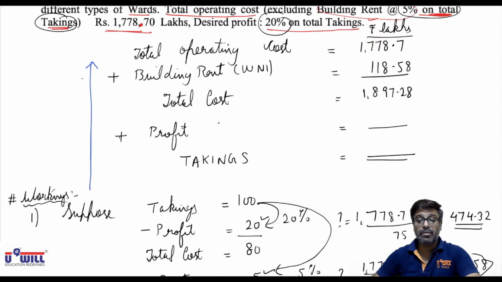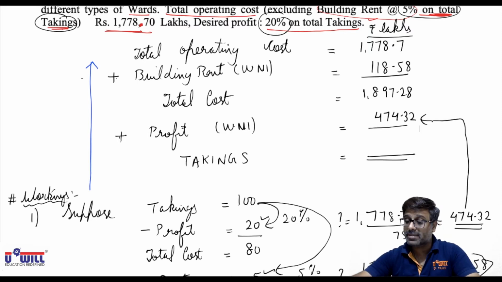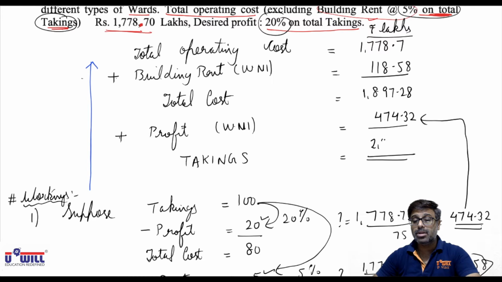Then profit from working note 1, again we get 474.32. Okay, this one. Further, if you add 474.32, then 2371.6. 2371.6 is the amount of total takings.